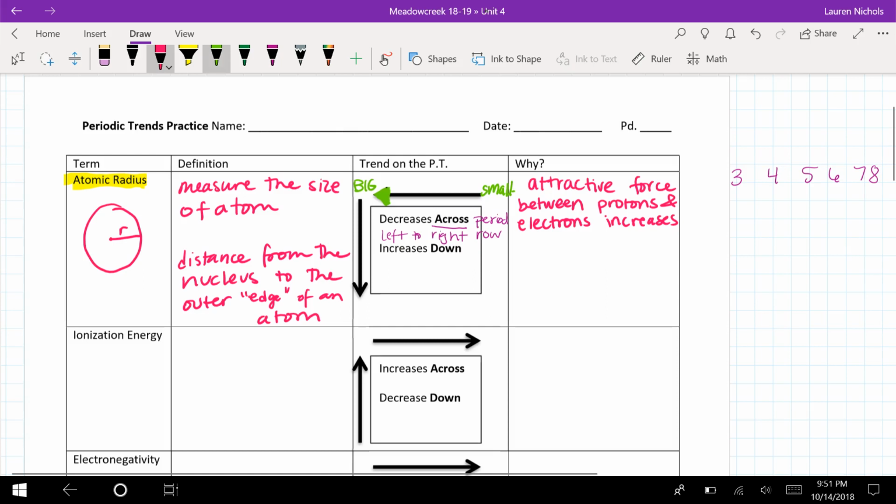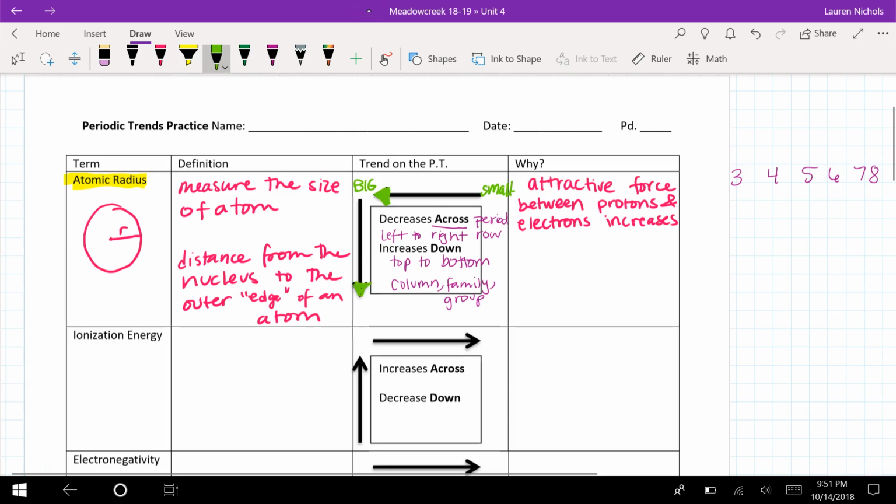When we look at the trend as we go down a column, so down from top to bottom, which is also called a family, also called a group, you can see all that kind of language. As you go down the periodic table, it increases.